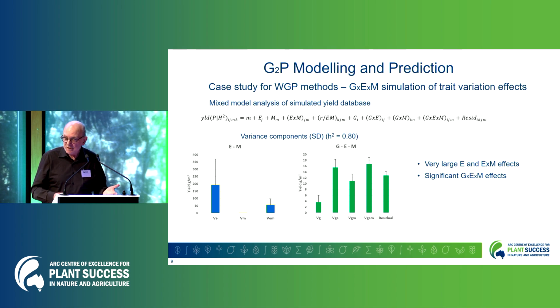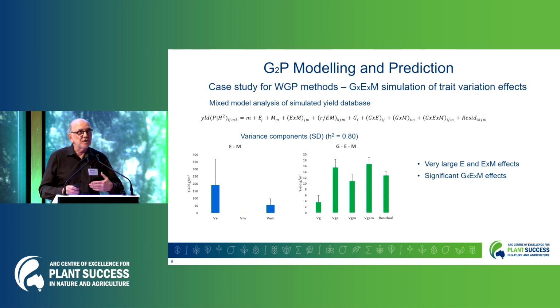There's a large environment and environment by management interaction, and that dominates the system, but there are also significant G by E by M variance components in here that relate to those trait by trait interactions. And I think this reflects back what Charlie was showing earlier too, that a number of these interactions are what generates the variances you see in these populations across environments.